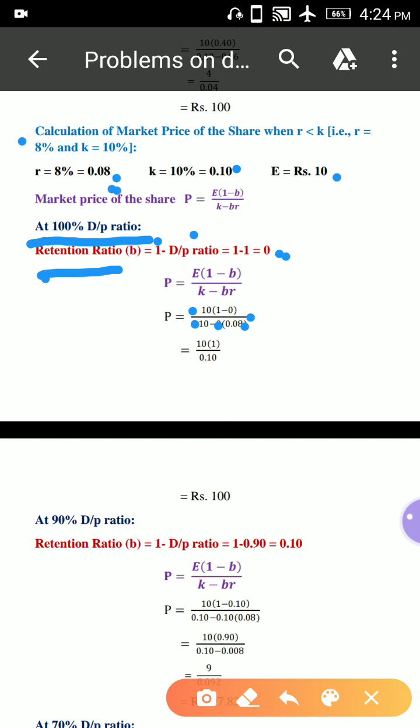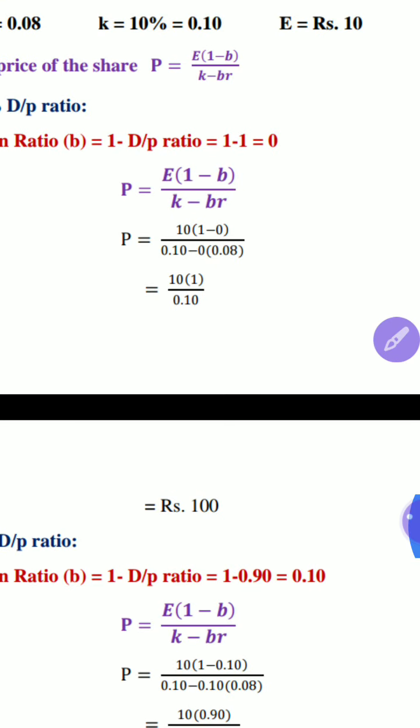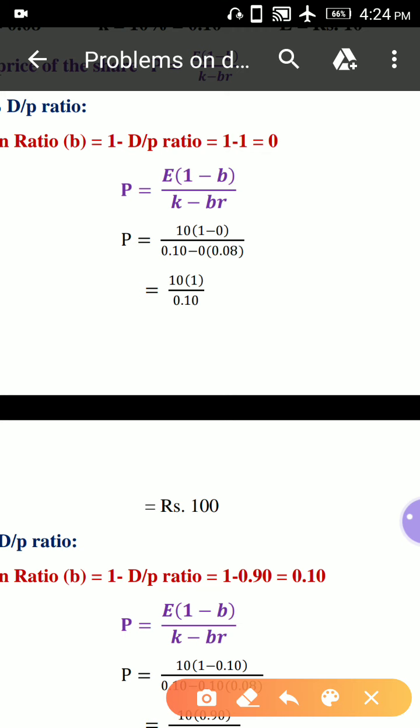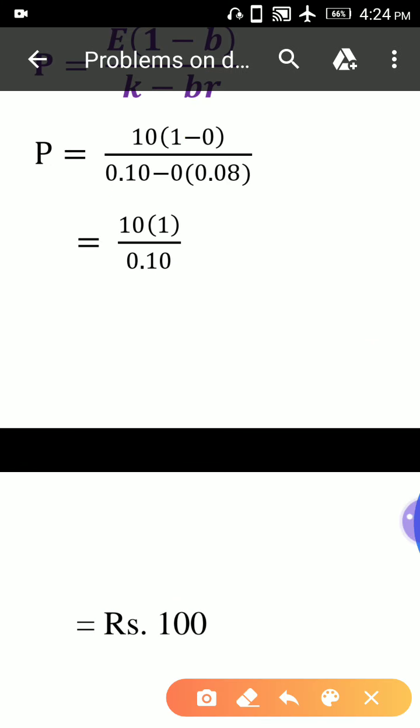Now see, that is equal to 10 into 1. 1 minus 0 means 1, divided by 0.10 minus 0 into 0.08, which becomes 0.